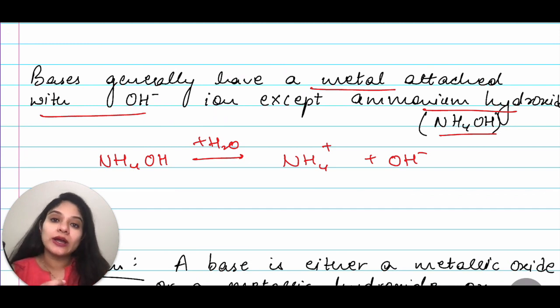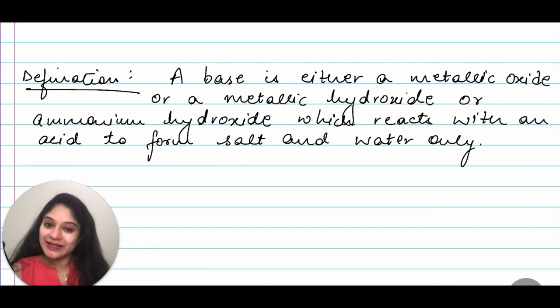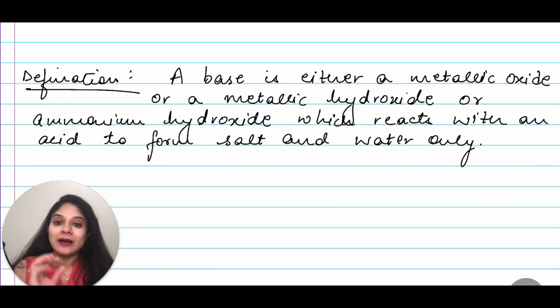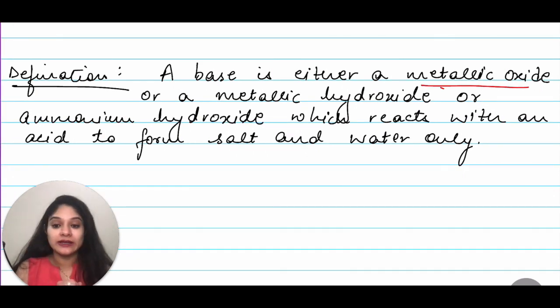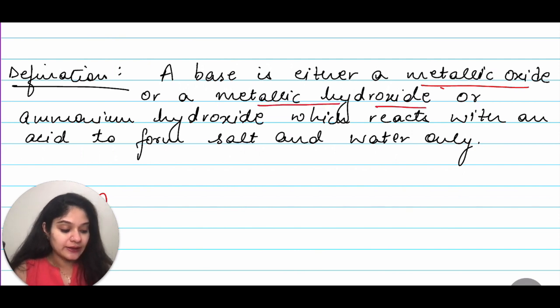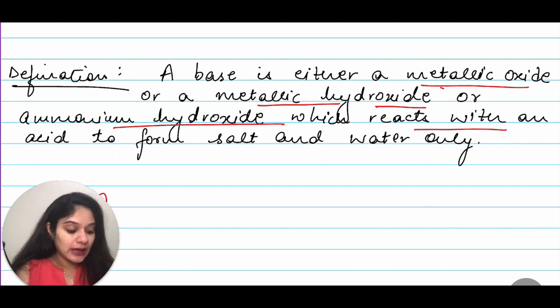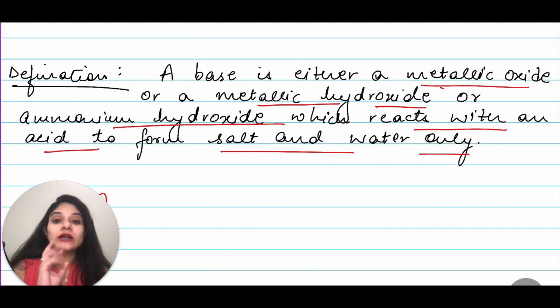Now let's look at your 10th grade ICSE definition, because it has to get upgraded. The upgraded definition is: a base is either a metallic oxide, it can be CuO, or a metallic hydroxide, or ammonium hydroxide, which reacts with acid to form salt and water only. Now what are our keywords here?